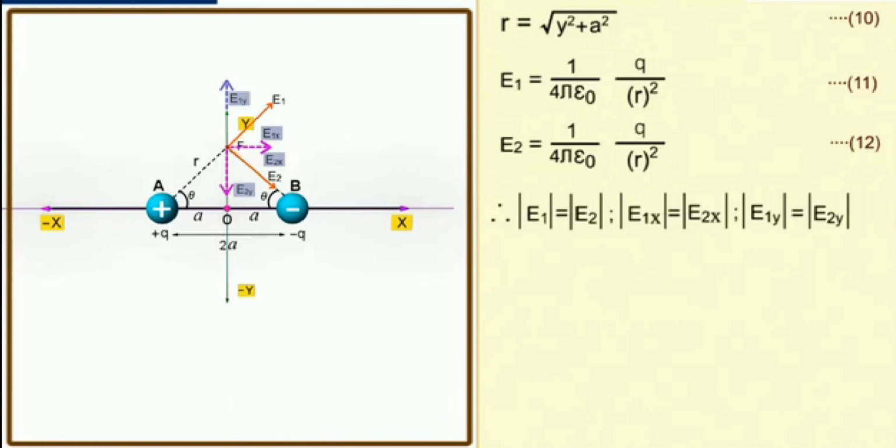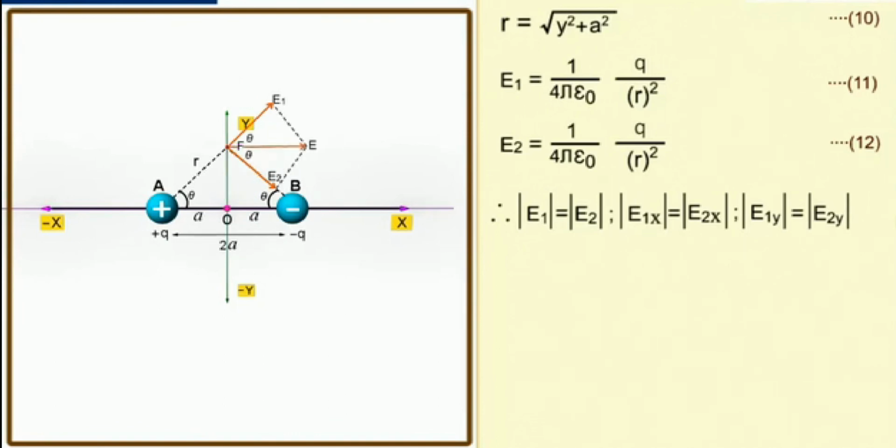Since E1 and E2 are of equal magnitude, the components E1x and E2x will be equal. Similarly, E1y and E2y will be equal. We also observe that the components E1y and E2y are oppositely directed and so cancel each other.